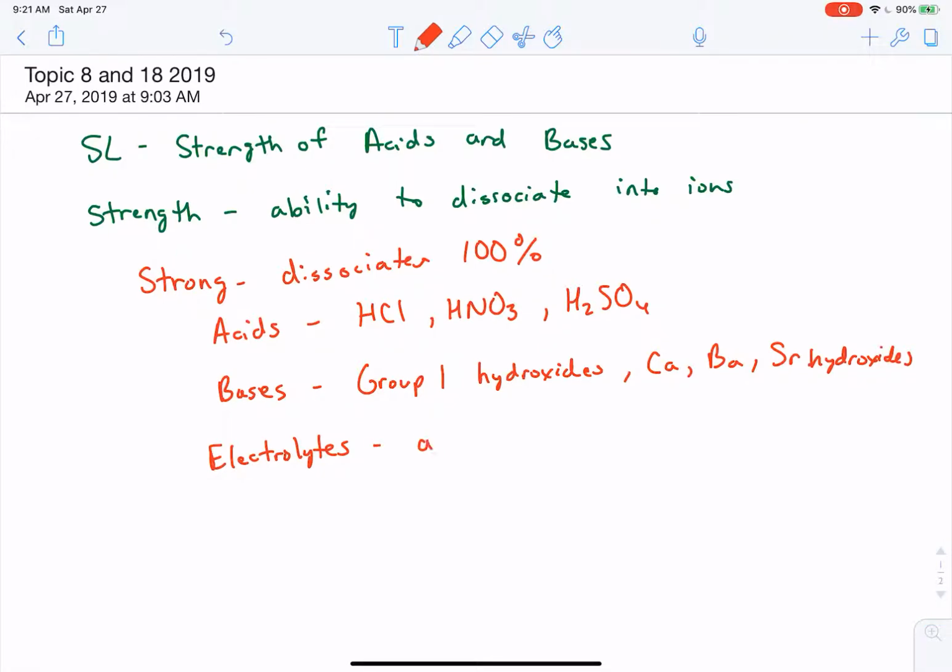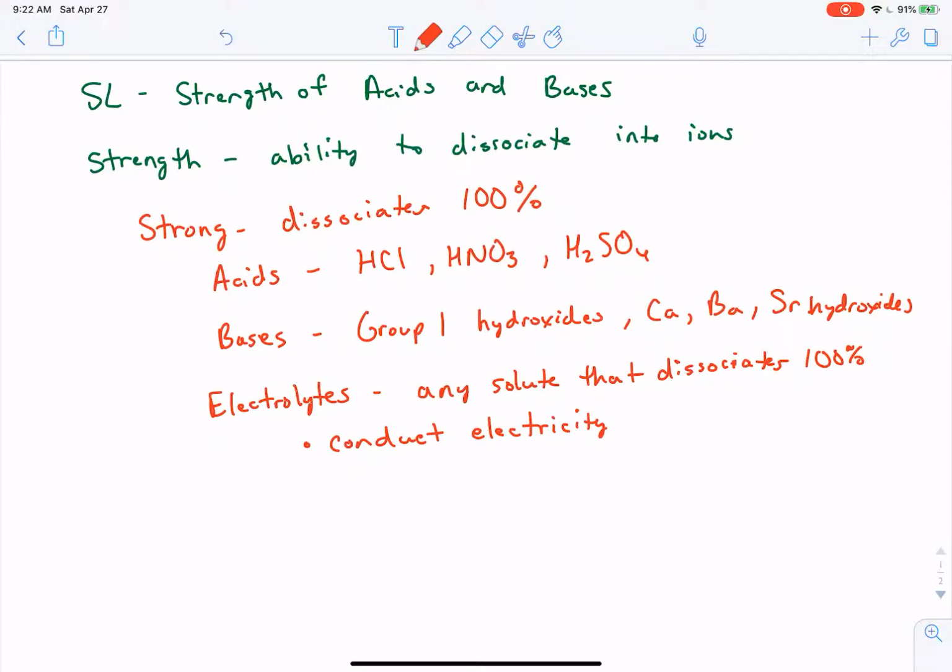Electrolytes are any solute that dissociates, which allows it to conduct electricity, because of the free moving ions.